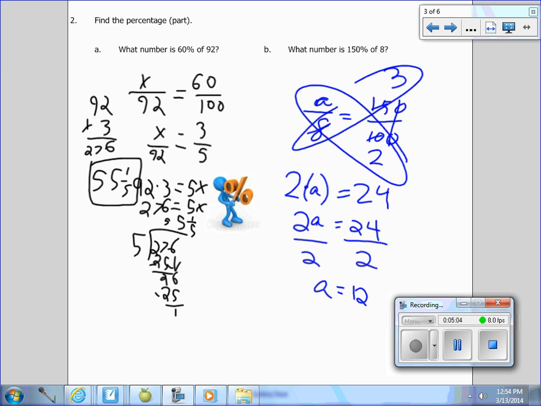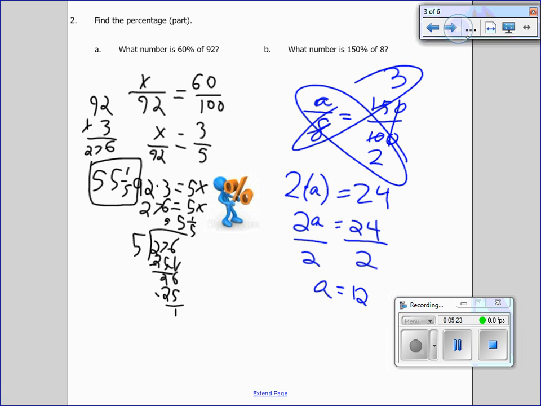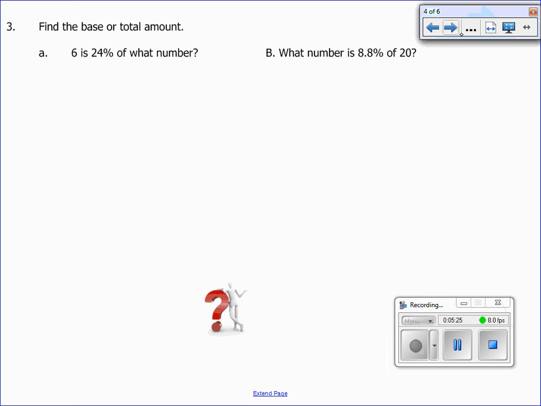Then we cross multiply: 8 times 2 is 2a, and 8 times 3 is 24. So we have 2a is equal to 24, divide each side by 2, and our final answer is 12. So 12 over 8 is 150%. Okay, I'm going to pause this. We'll come back and check our answers.